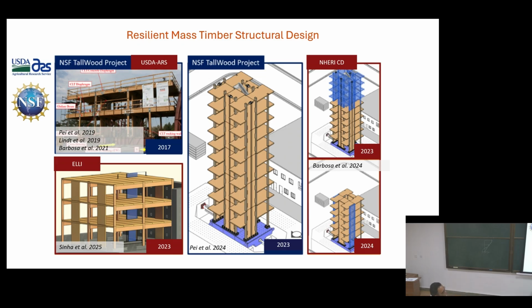Now, why is this needed? Because we are trying to codify and learn new things with this system. This is a new system. Still, codes are very conservative, or the structural engineering community is very conservative in general. So we needed more data. But why do we need to test similar systems at different levels? 2 and 3-story is kind of the low-rise segment.